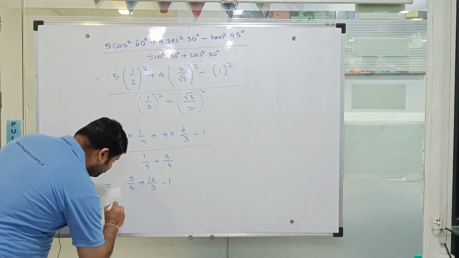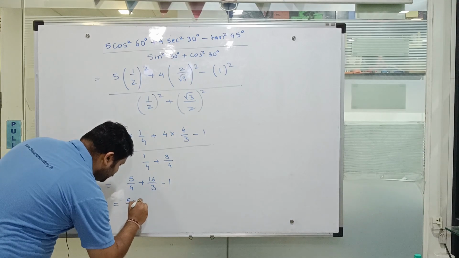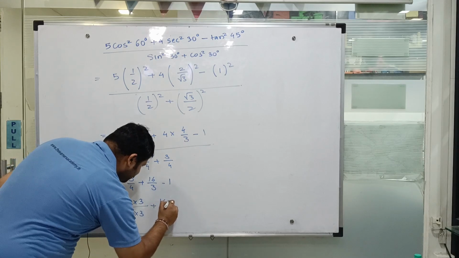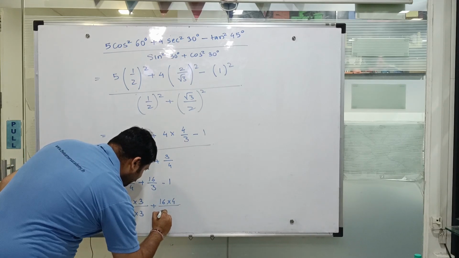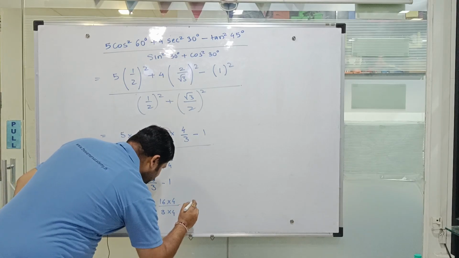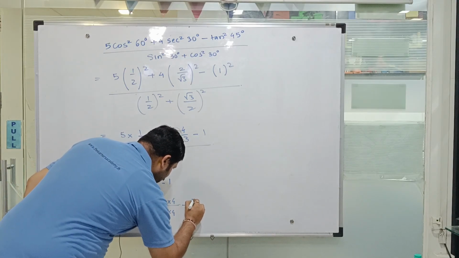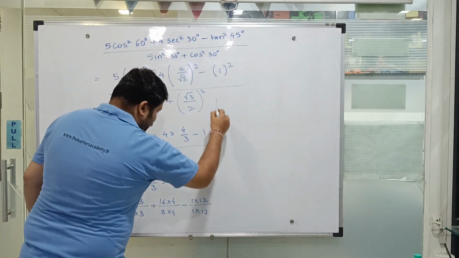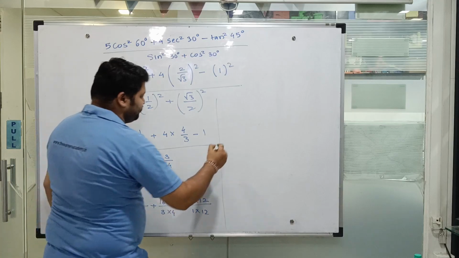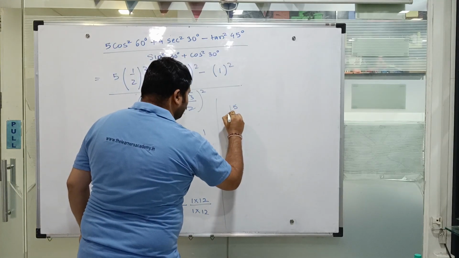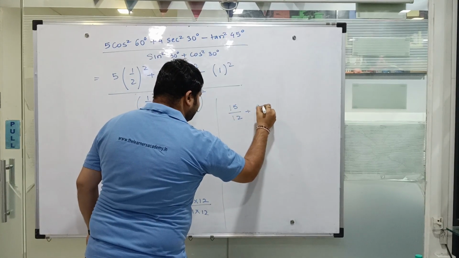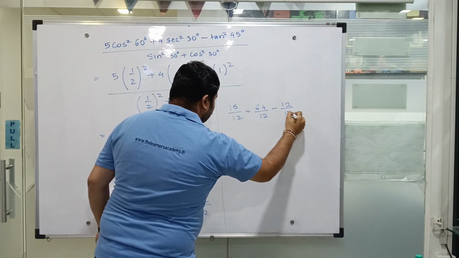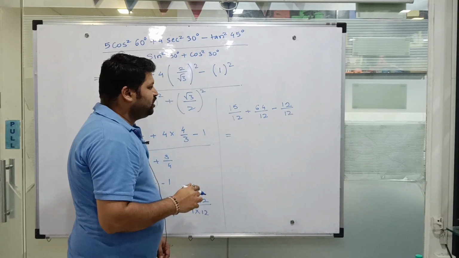So I will get (5 × 3)/(4 × 3) + (16 × 4)/(3 × 4) − (1 × 12)/(1 × 12), giving 15/12 + 64/12 − 12/12.